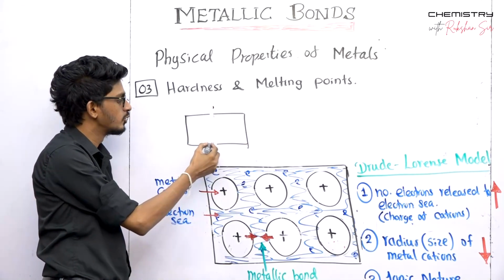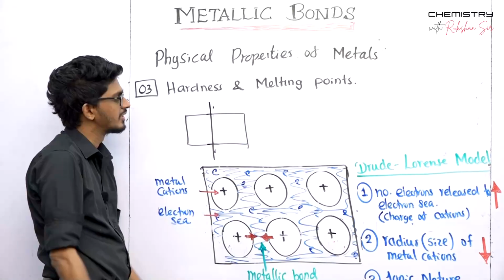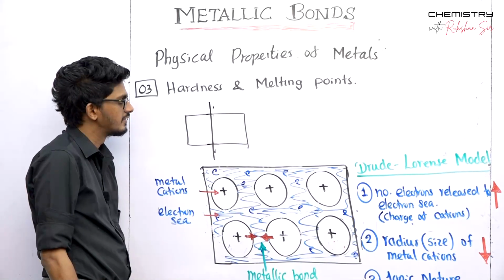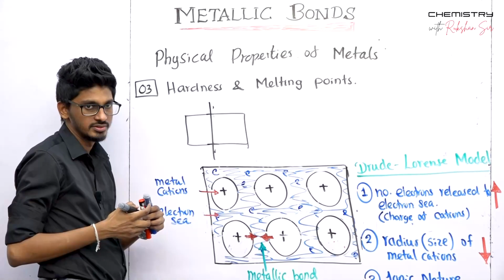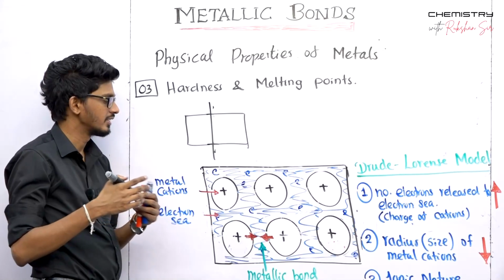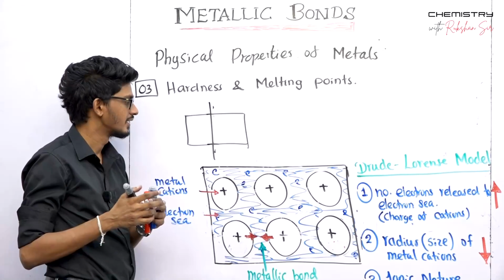If it is very easy to cut the material into two, then we refer to such a material as a soft material, right? That is what hardness means when it comes to materials.